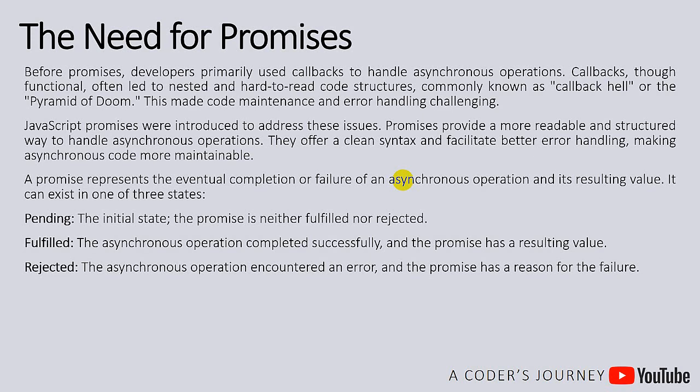Then the asynchronous operation of reading from a database is initiated, and that promise can be fulfilled, successfully completing by connecting to the database and reading the value, and then you will get the value. Or the promise can be rejected, meaning that there is, for example, something wrong with the database server, you cannot connect for some reason, and that promise is rejected, it is not fulfilled.